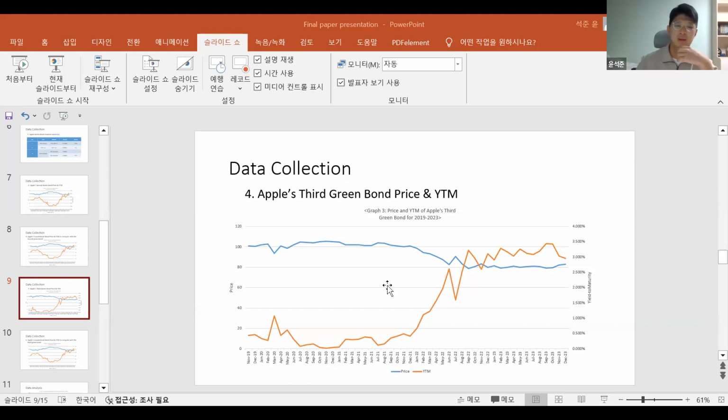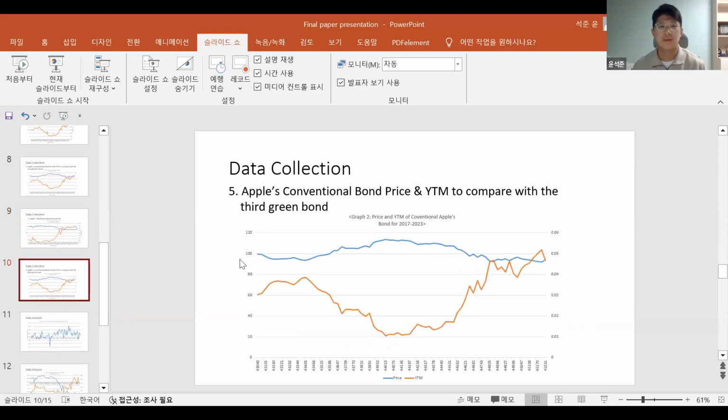Since the zero coupon bond was not appropriate for comparison, I selected this typical bond as Apple's third green bond. The price and YTM data is as shown.